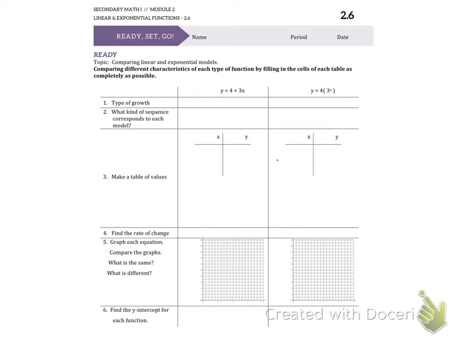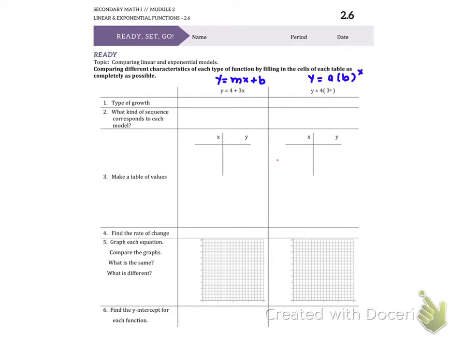Type of growth. Based on the information I just gave you, when something is written y equals mx plus b, or when something is written y equals a times b to the power x, you can pause the video and think about what it is going to be.